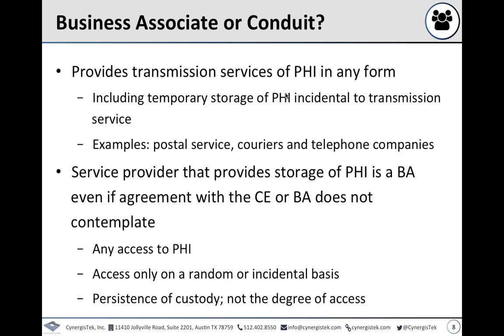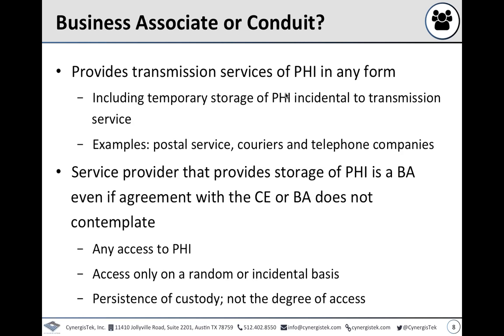Or another way to put it, what is a conduit? And the issue of conduit was first presented in the original privacy rule to find a way to lessen the burden on types of organizations that were handling materials that contained PHI.